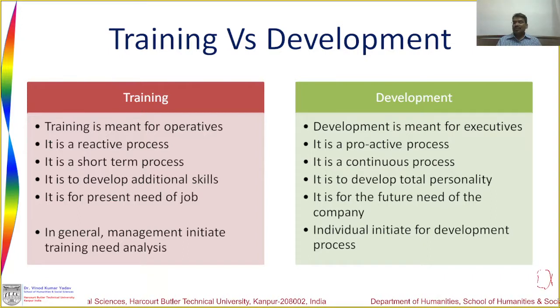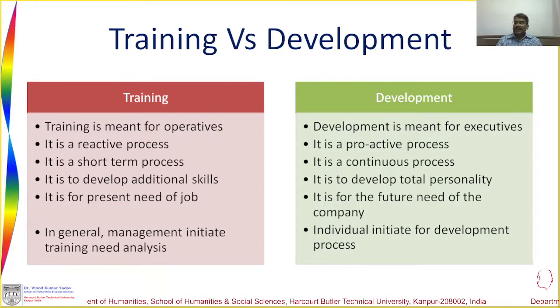So training is usually talked about as a reactive process because it is based on past activity. Whereas development is a proactive process because it is a future oriented process. It aims to develop a person for the future, and training aims to develop people because of the past. So there is a very big difference in training and development.